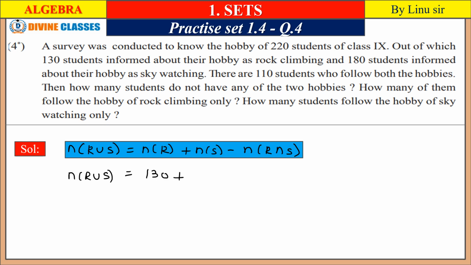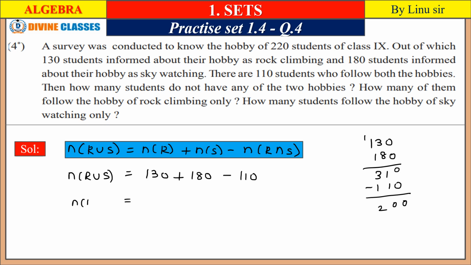And n(S), sky watching, is 180. Minus n(R intersection S), the students who follow both hobbies, that is 110. That means common, right? Now we add 130 plus 180, which is equal to 310. Out of it, we have to subtract 110. That means 200. So n(R union S) is equal to 200.